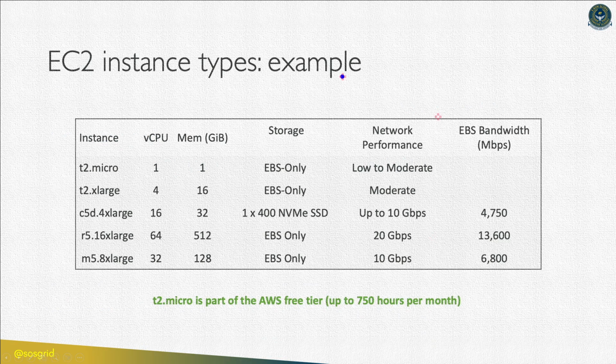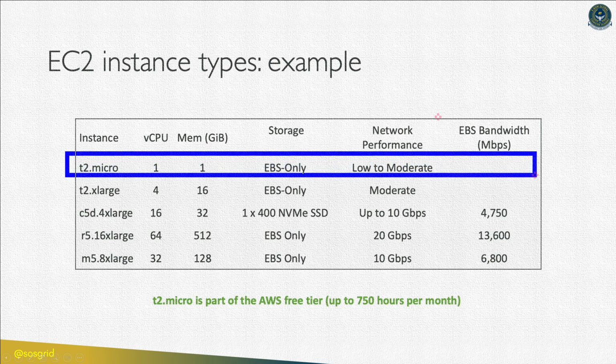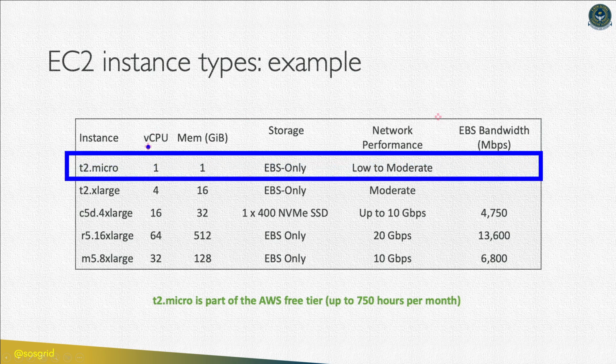So these are some instance types, and I'm going to show you that practically. Just think of these instance types as the laptop size that you simply want. We have different sizes like T2 micro, which comes with one virtual CPU, 1 GB memory, and the storage is EBS only, the Elastic Block Store.